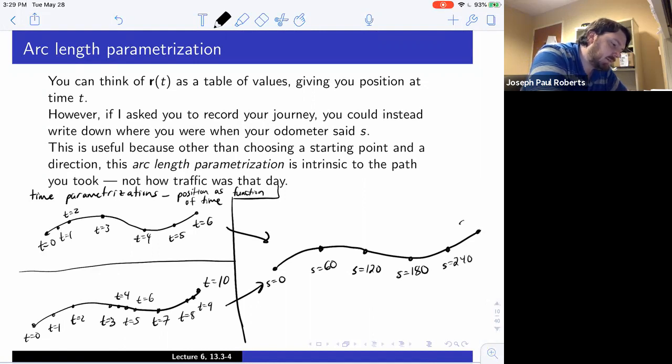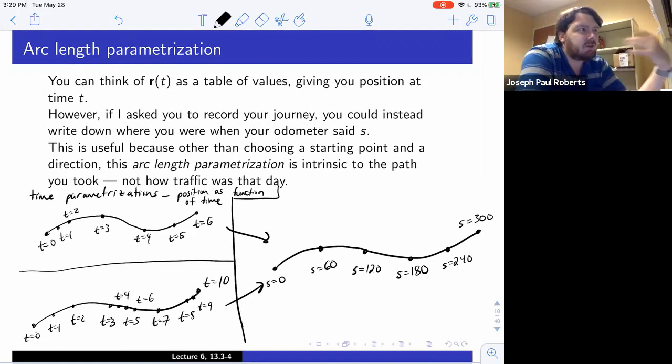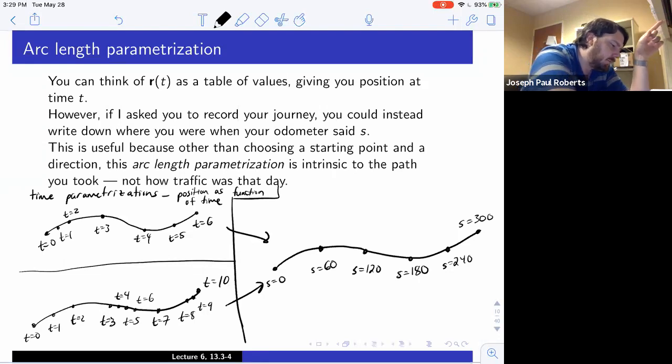And let's say that you were coming from 300 miles away from State College. And so this idea of this arc length parameterization is that it's more intrinsic to the roads that you're taking, the curve itself. That time parameterizations care about traffic, or let's just say they're affected by traffic.